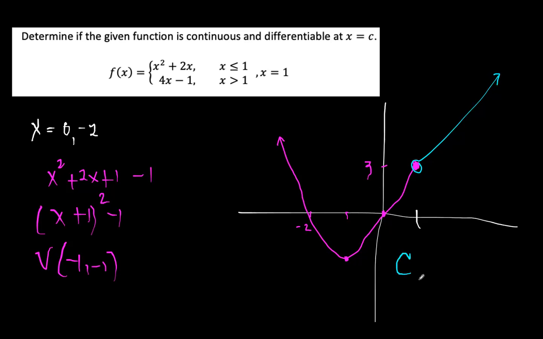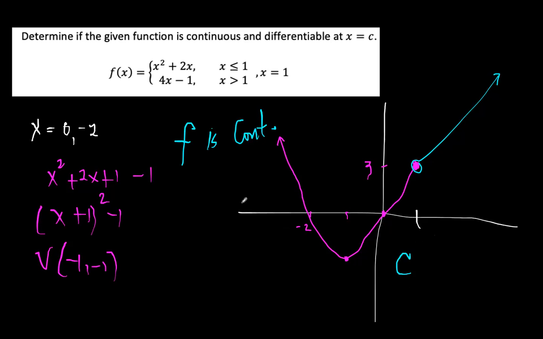Okay. So as we can see, guys, this is continuous. But continuity does not imply differentiability nor non-differentiability. So we need to test on that. But we are so sure that f is continuous.